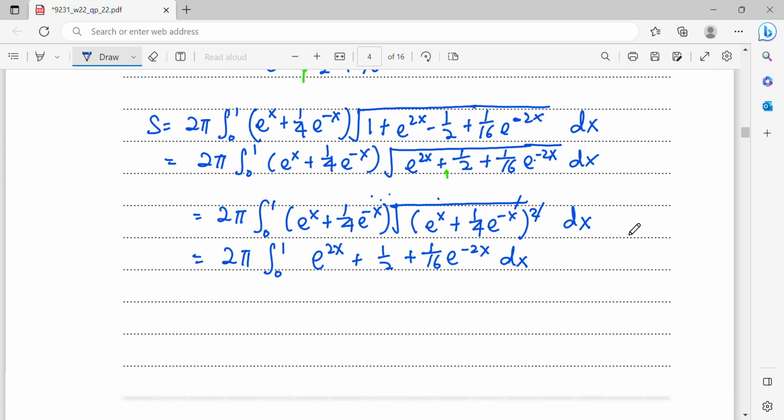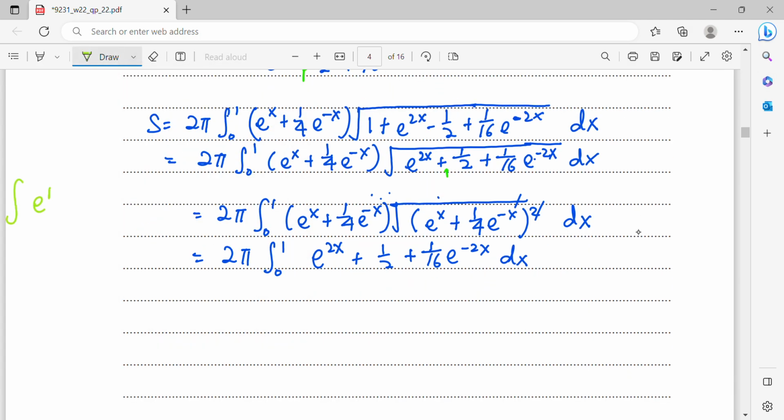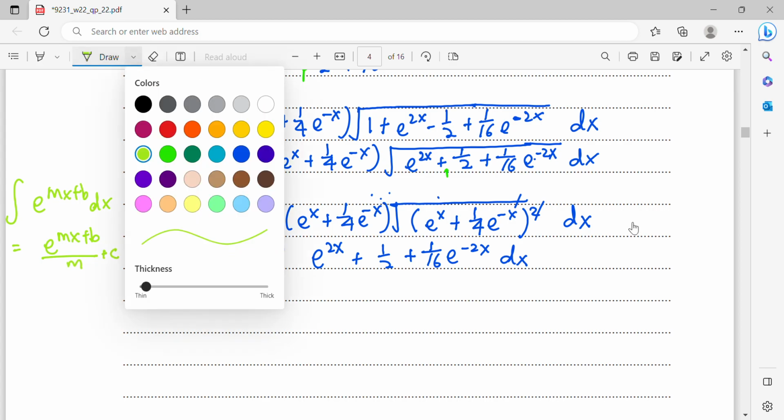So now, to integrate e^(mx+b) with respect to x, we will always rewrite the whole exponential, and then divide by m, then plus c. This is the formula that we are going to use.